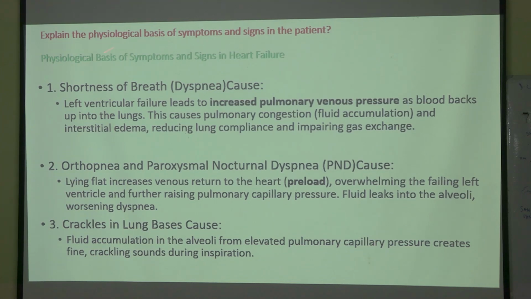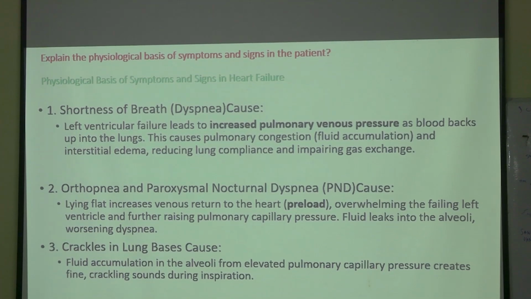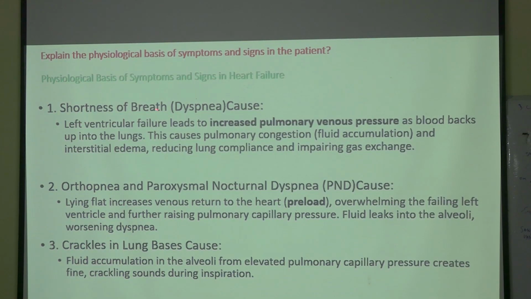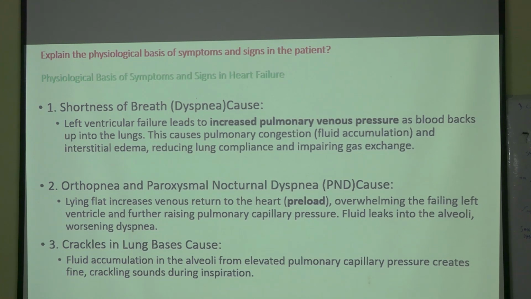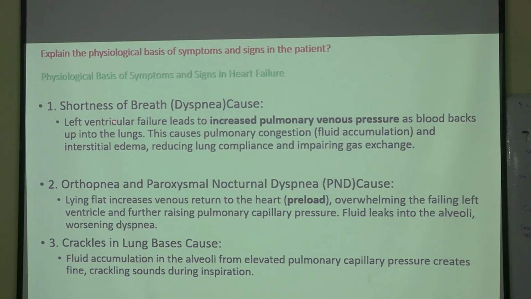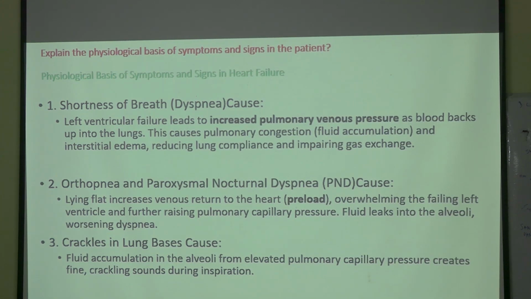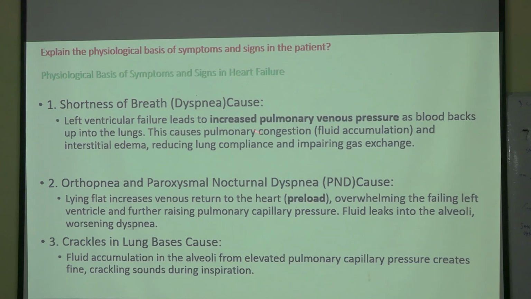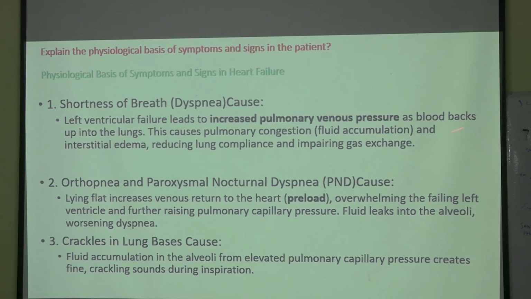Now, what is the physiological basis of symptoms? If you see these conditions, what is the main cause of them, or how do these conditions alter the physiological process? Shortness of breath is mainly caused by left ventricular heart failure. Left ventricular failure leads to increased pulmonary venous pressure as blood backs up into the lungs.